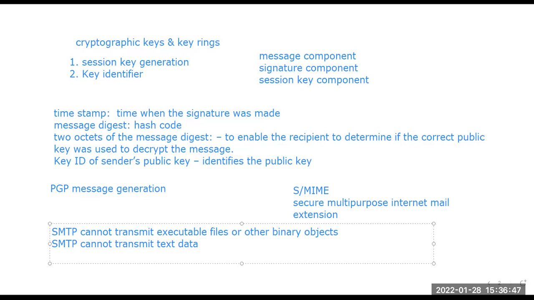SMTP servers may reject mail messages over a certain size, so SMTP has a size limitation. Next, the gateways that translate between different mail systems do not use a consistent mapping, resulting in a translation problem.